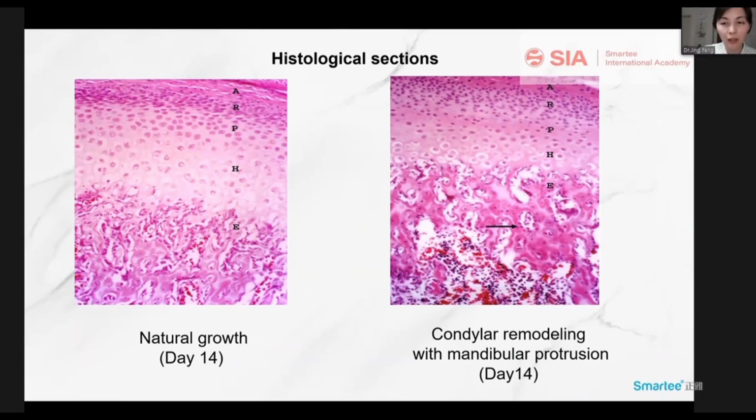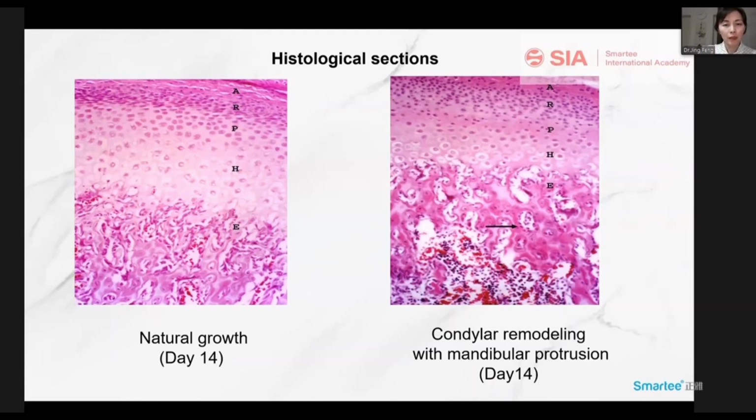Even for the adult rat, under the stretching force, the endochondral ossification was triggered. You can see that the cells on each layer are active, and the condylar remodeling happened.